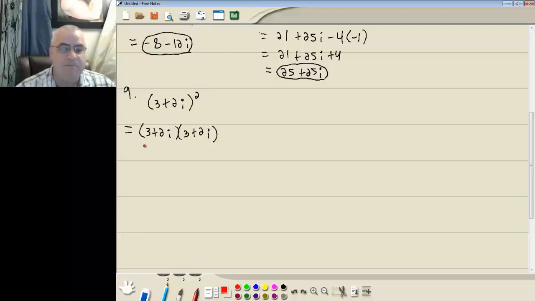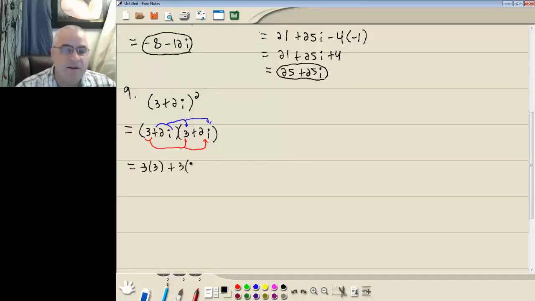Okay. So we'll take the 3 here, times the 3 over here, and times the 2i. And we'll take the 2i here, multiply it times the 3, and times the 2i. So I got 3 times 3, 3 times 2i, and I got 2i times 3, and 2i times 2i.